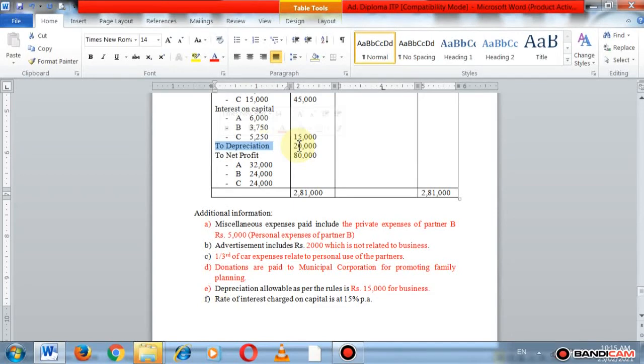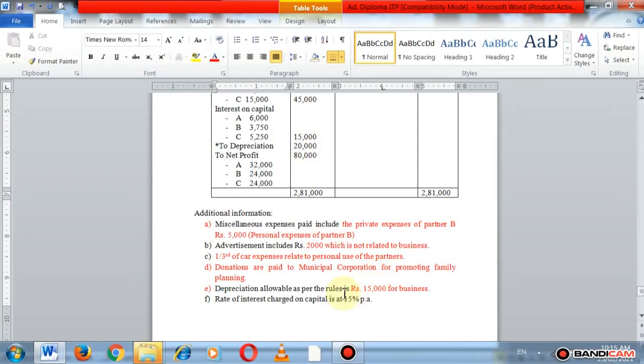It means excess depreciation is charged on the debit side of the profit and loss account, so the excess depreciation of 5,000 is disallowed.